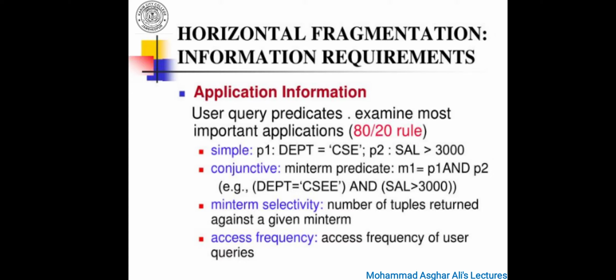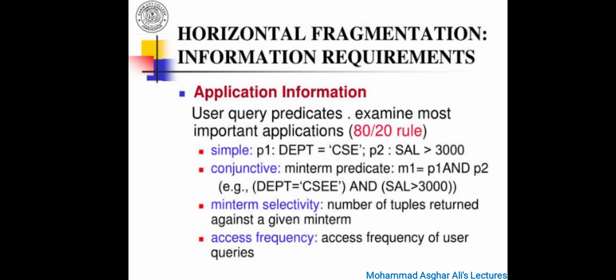Now, the application information. Both qualitative and quantitative information is required about applications. The qualitative information guides the fragmentation activities, whereas quantitative information is incorporated primarily into the allocation model. Here the user query predicates examine the most important applications.